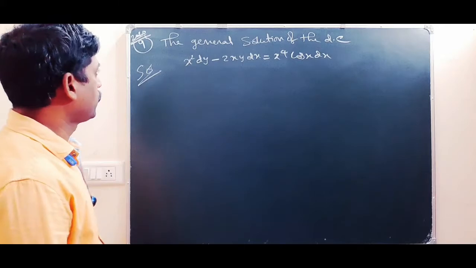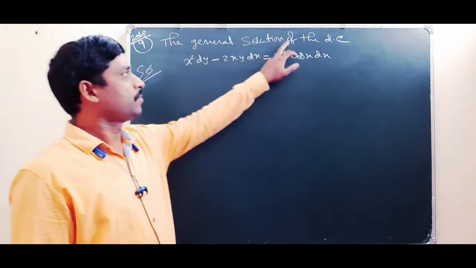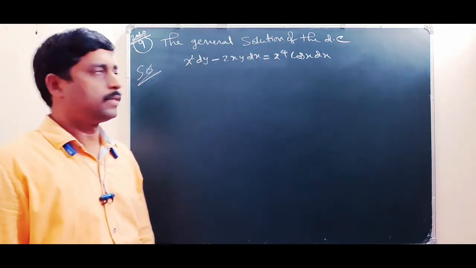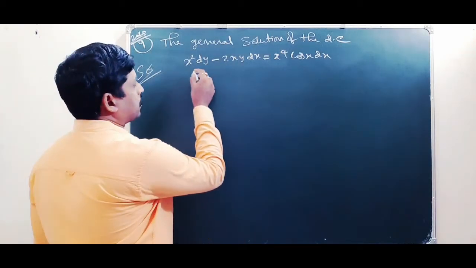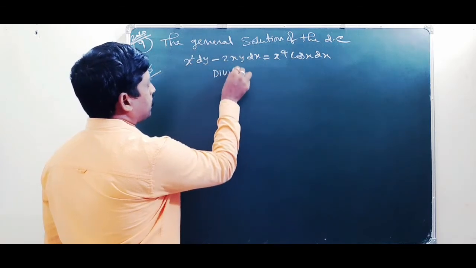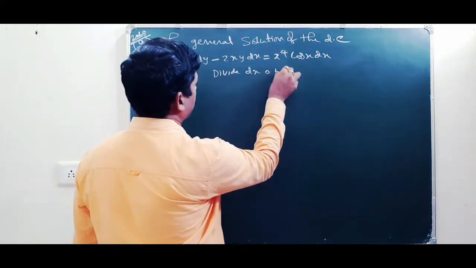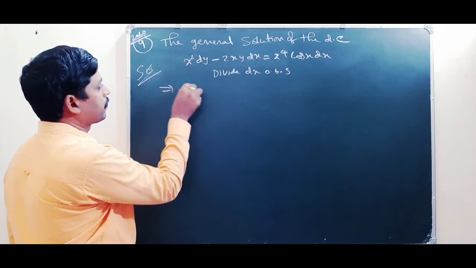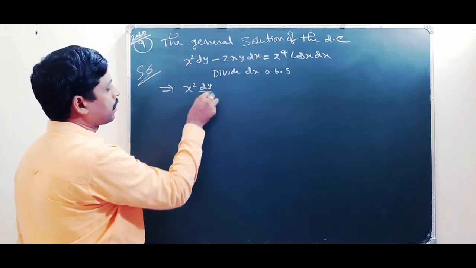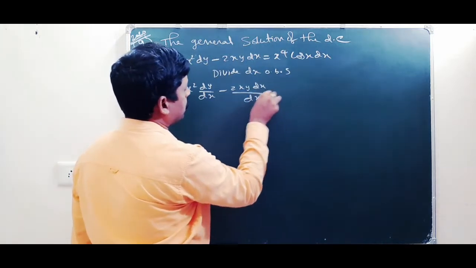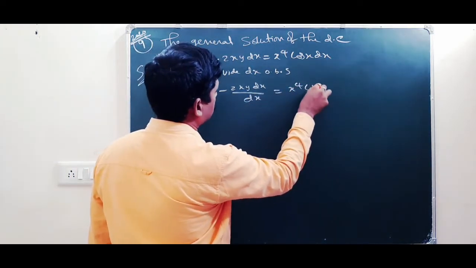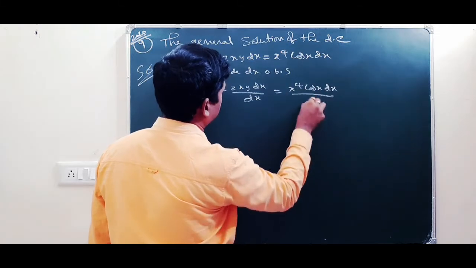This is from the 2020 question. The general solution of the differential equation. First, convert this into dy by dx form. Okay, first divide by dx on both sides. So x square dy by dx minus 2xy dx by dx is equal to x to the power 4 cos x dx by dx.